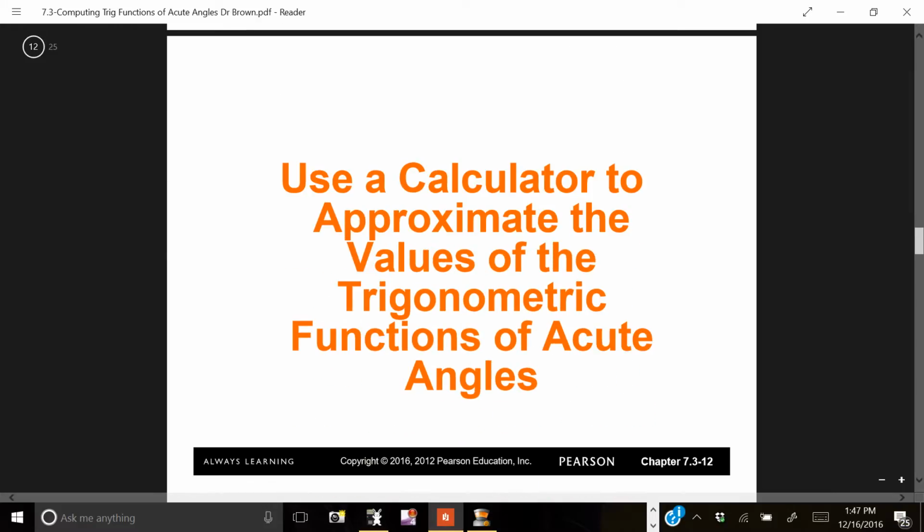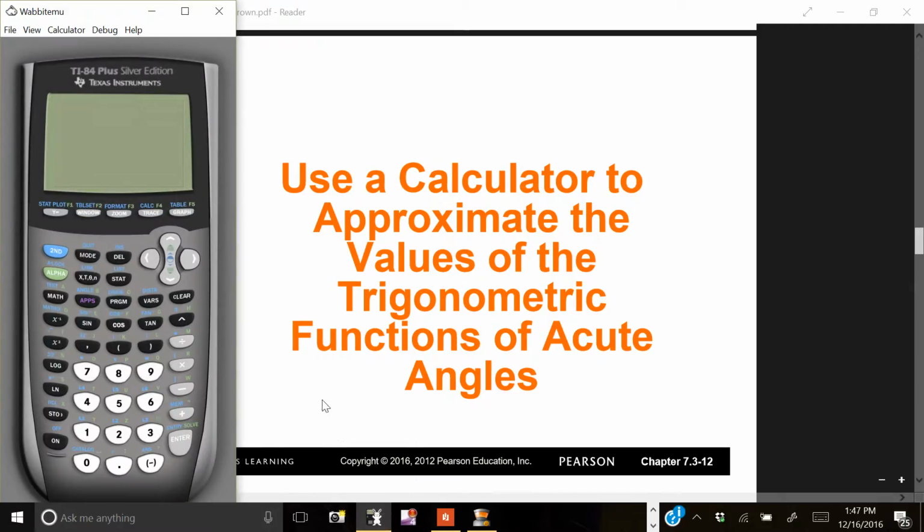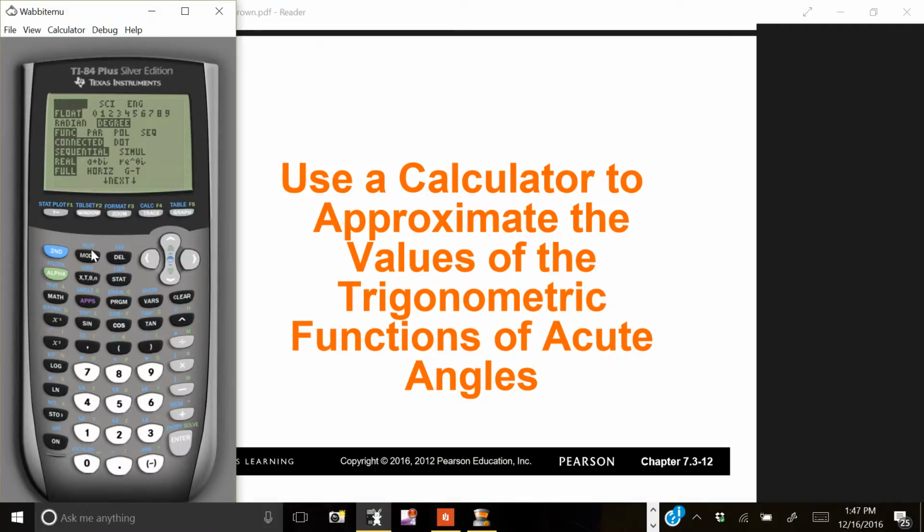Now we're going to use a calculator to approximate the values of the trigonometric functions of acute angles. And bringing up our calculator, you need to turn it on, of course, and you need to be in the right mode, depending on whether you're working in degrees or radians. If you turn on the mode, notice right now degrees are highlighted.